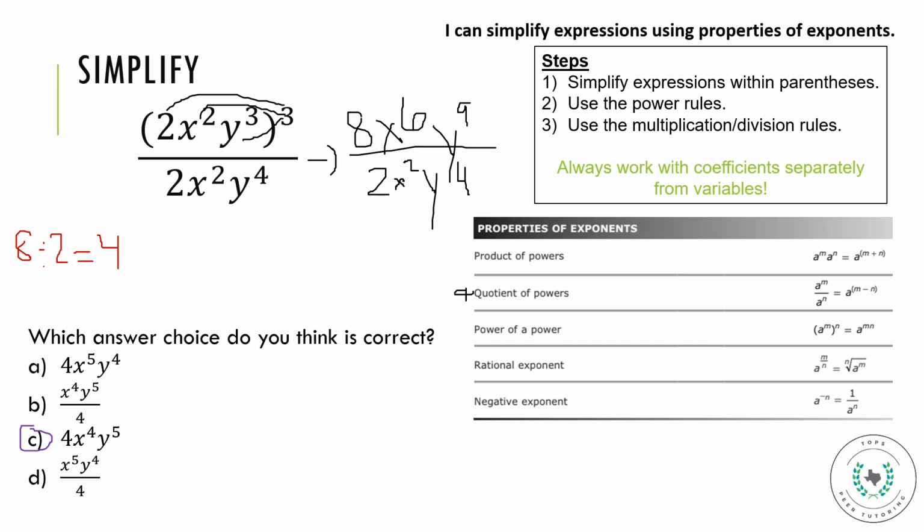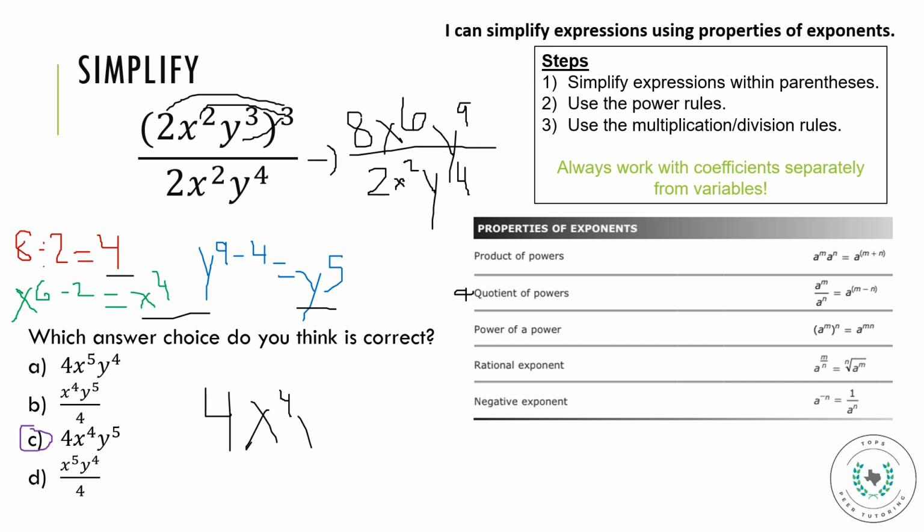Now we're doing x^6 over x^2, which turns into x^(6 minus 2), to give you x to the power of 4. And then the y values have y^9 over y^4, which turns into y^(9 minus 4), to give you y to the power of 5. We have everything that we need now, and we just put it all together. Get the final answer of 4 x to the power of 4 y to the power of 5, or answer choice C.